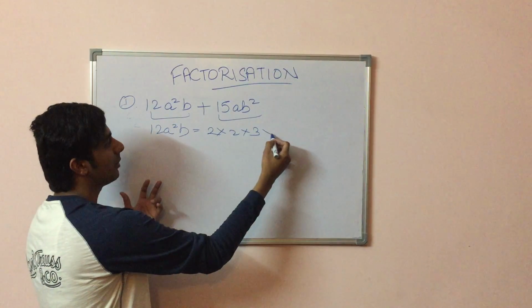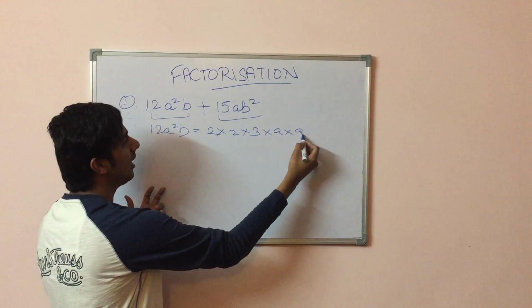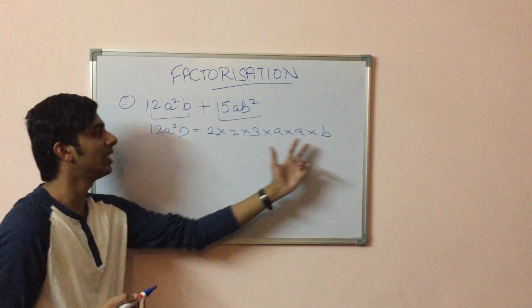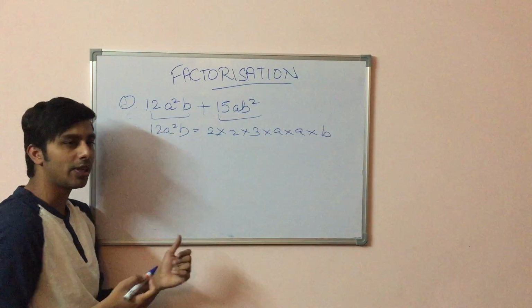And a square can be written as a into a and b can be written as b. So 12a square b can be written in this form, right?